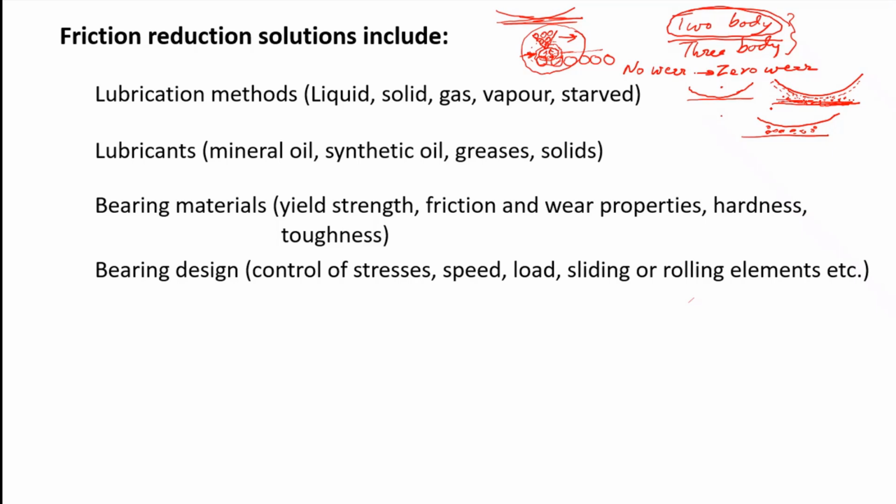Or sometimes we may use powder as a lubricant. So powder can also be used as a lubricant, and that is also a third body. But a third body can also be produced by debris. So debris is the third body. So because of wear, two body interaction changes to three body interaction, because of the wear debris.